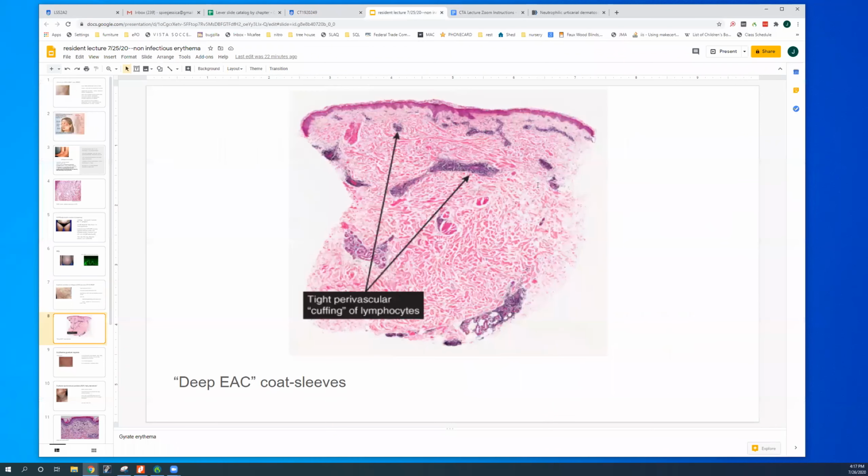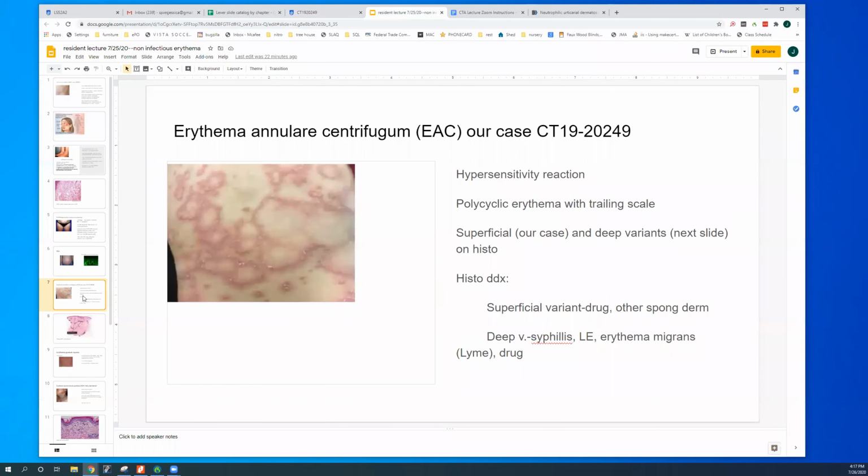The differential diagnosis. Oh, here's the deep variant. This is really striking at low power, this coat sleeving. Really beautiful example. The histologic differential diagnosis for the superficial variant is drug, since often there's a little bit of spongiosis, other spongiotic dermatitis, the common ones, winter itch, contact, et cetera.